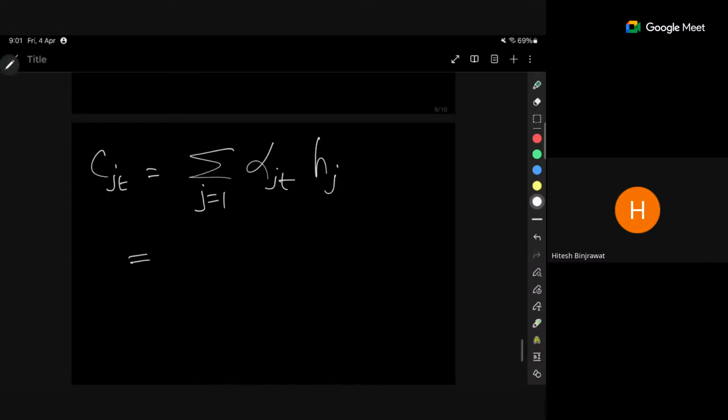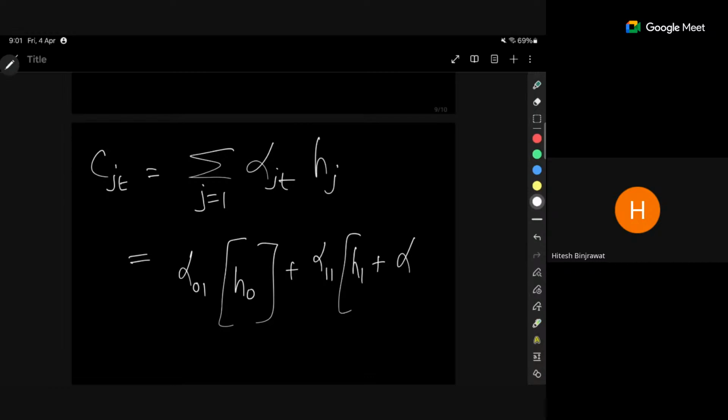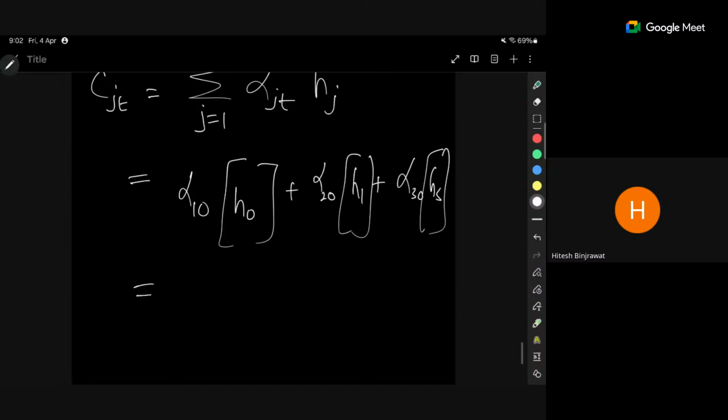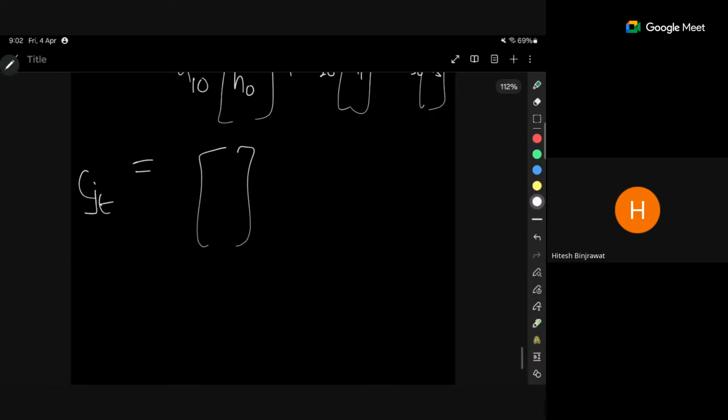If you see, this will look like alpha 0 1 times H0, plus alpha 1 1 times H1, plus alpha 2 1 times H2, and so on. So this is how it will go, and it will look like a vector only. So the CJT will also be a vector, and this is the attention thing.